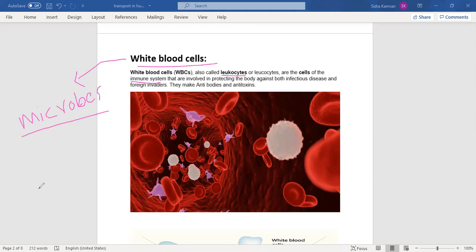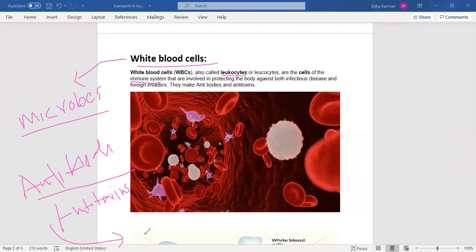White blood cells also produce antibodies or antitoxins. What is the function of antibodies and antitoxins? Antibodies destroy microorganisms and antitoxins destroy poisons.